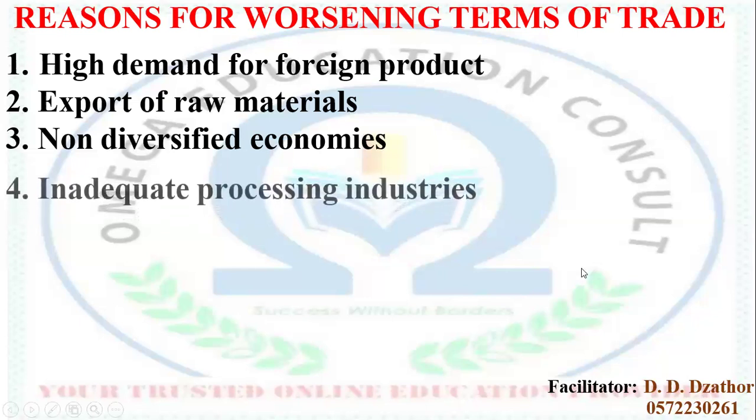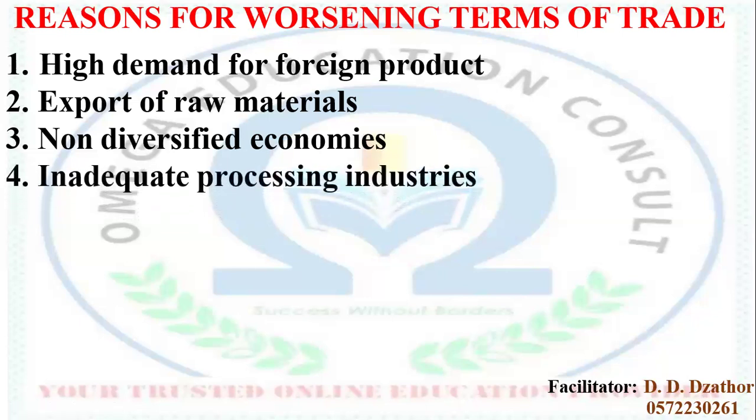The other reason for worsening terms of trade is inadequate industries to process the raw materials into semi-finished goods or finished goods. So as a country, we import almost everything as a result of the lack of processing industries. Previously we had a lot of companies.